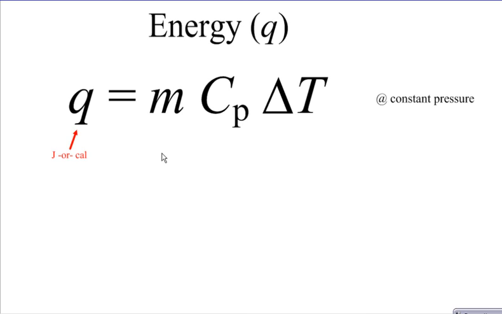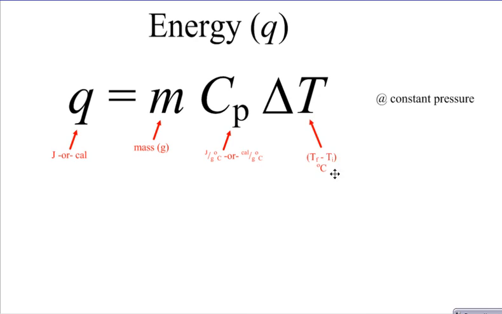m is the mass, which is going to obviously be in grams. c is the specific heat of whatever substance it is you're talking about, and that has its units as joules per gram degree Celsius or calories per gram degree Celsius. And lastly, delta T is the change in temperature, so T final minus T initial.